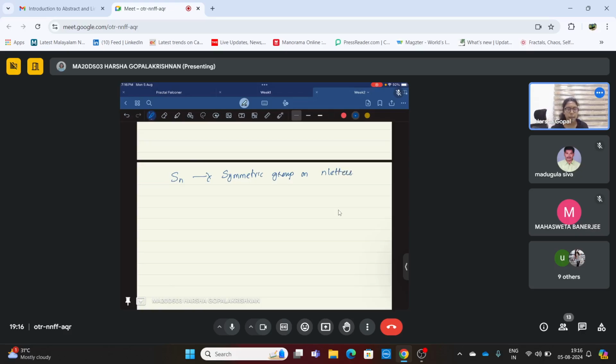What exactly this means is we will take the set 1, 2, 3, up to n, and consider all the permutations. Let me say it is rho. Usually we denote rho, sigma like that for permutations. That means it is a bijective mapping from the same set of n letters, such that rho is a bijection.